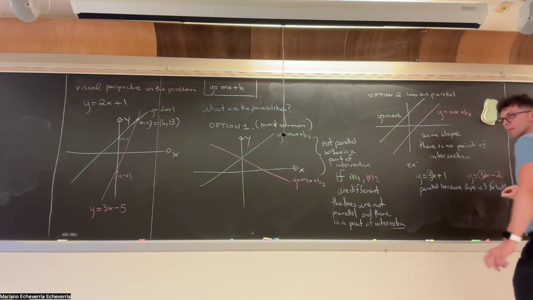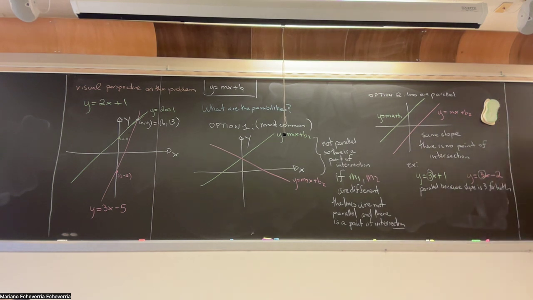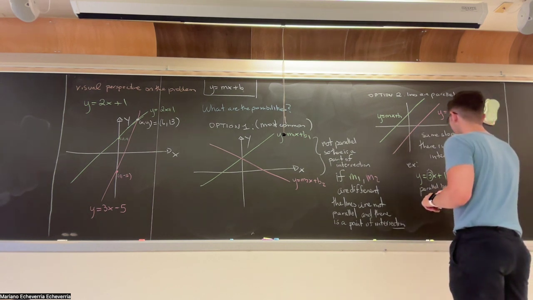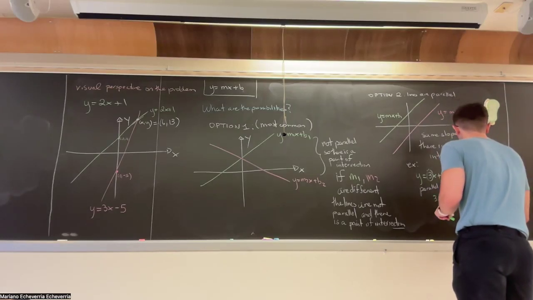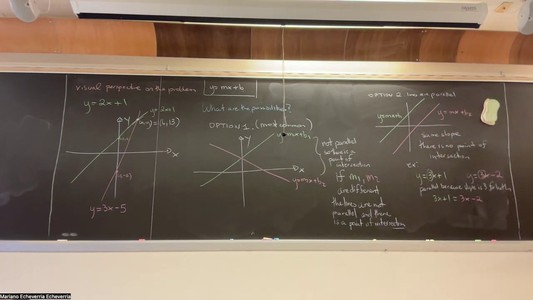Okay. And so what if you don't realize that and you just try to solve the system of equations? What happens there? As I told you, when you try to solve a system of equations, you set the y values equal to one another. So you would get 3x plus 1 equals 3x minus 2. Okay? So what happens here?